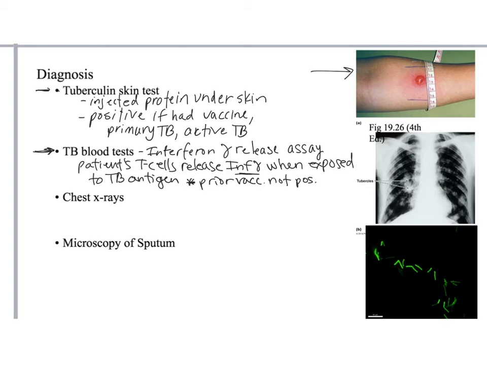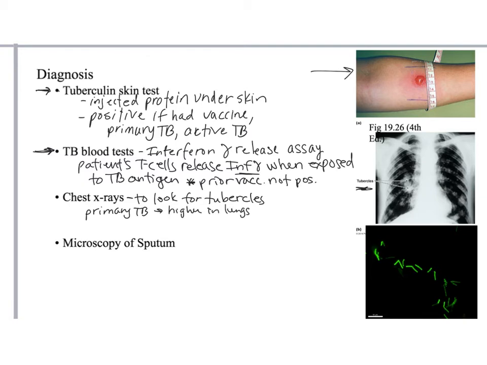If either one of these tests are positive, then they typically will do a chest X-ray to look for tubercles. If a patient has primary TB and the granulomas, the tubercles, typically the lesions will be higher in the lungs.